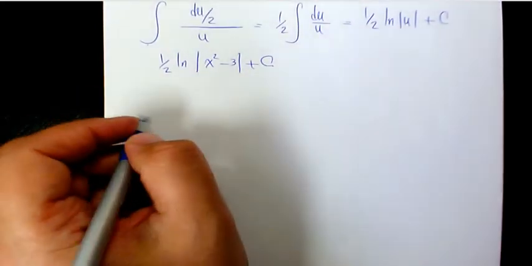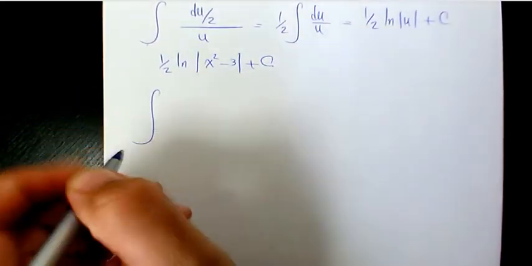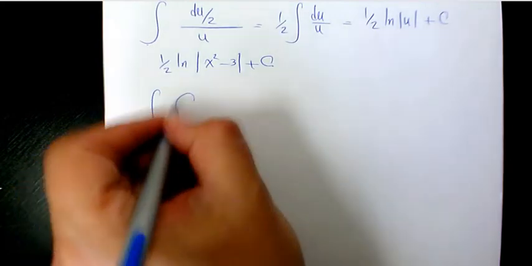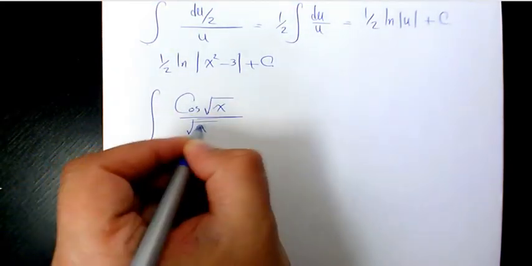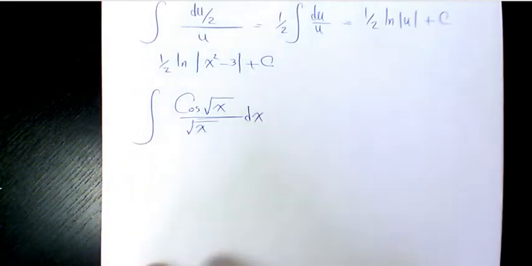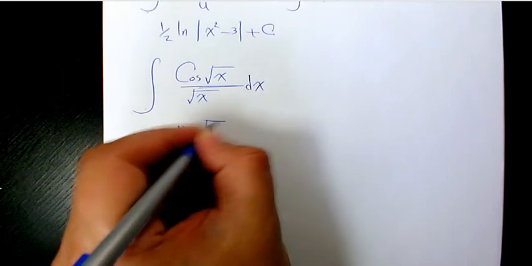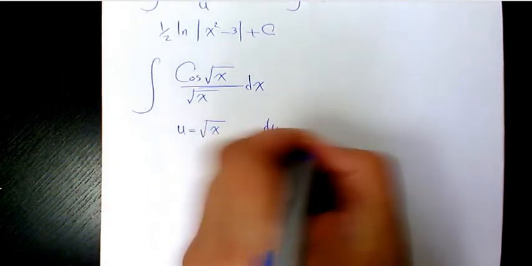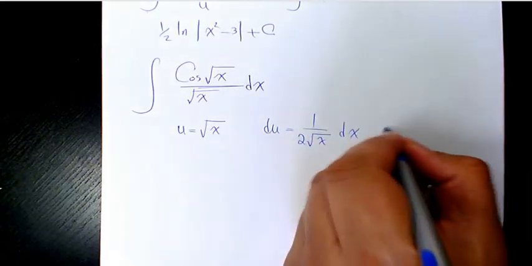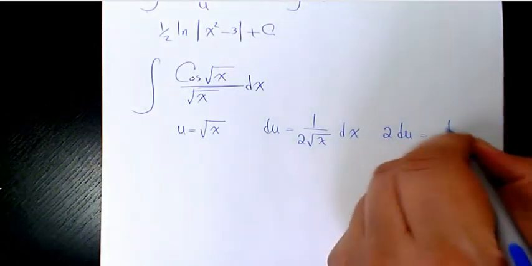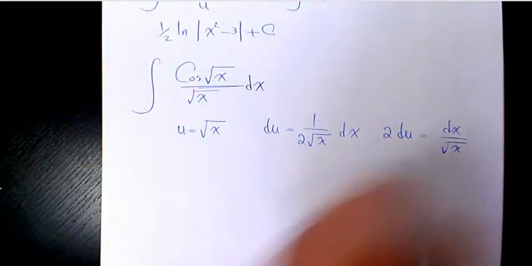Next example. Cosine root x over root x dx. u is root x, du is 1 over 2 root x dx, which means 2 du equals dx over root x.